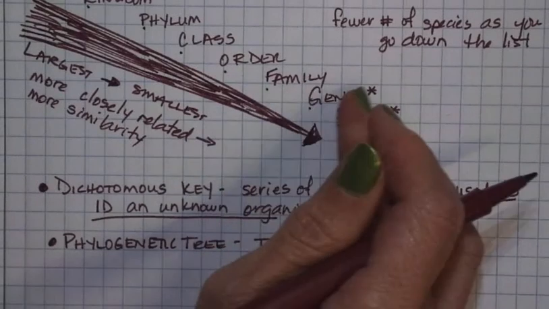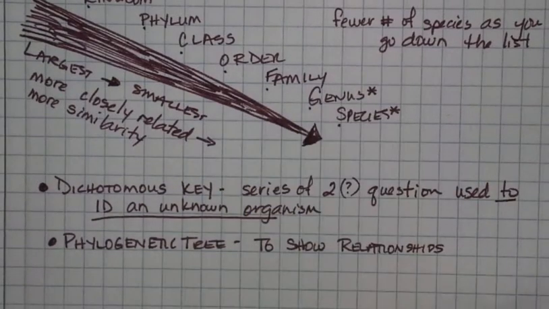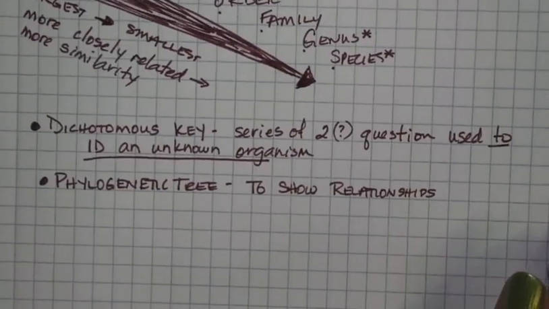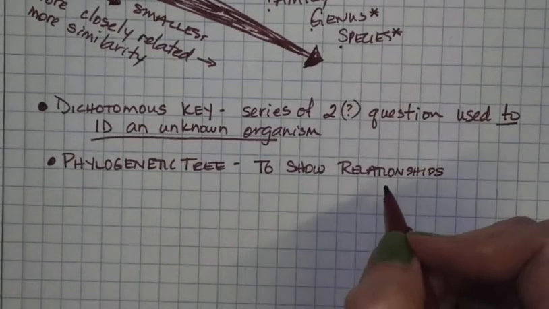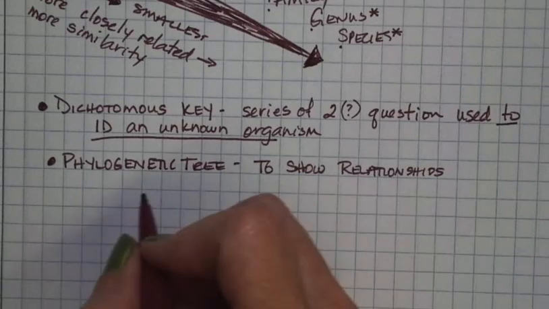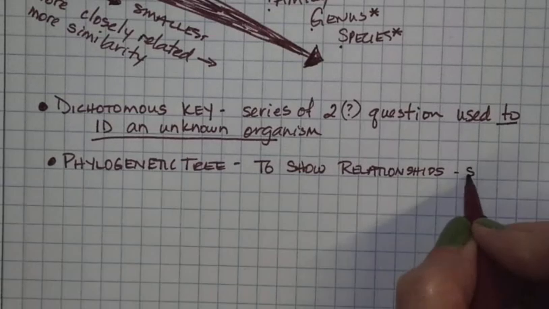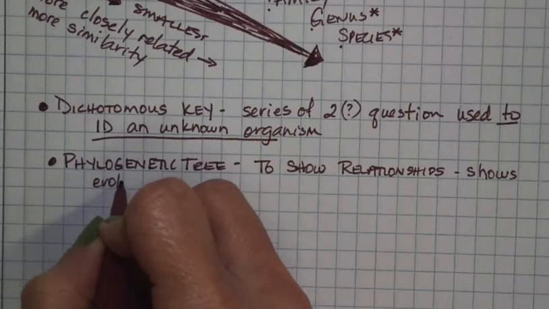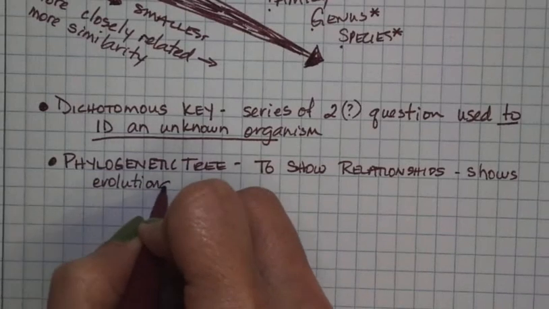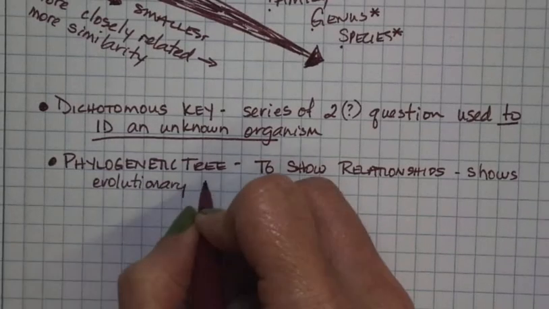We can talk about how closely we are related by looking at the DNA, or we can look at the phylogenetic trees. A phylogenetic tree shows the evolutionary relationship. How closely related were their past ancestors?